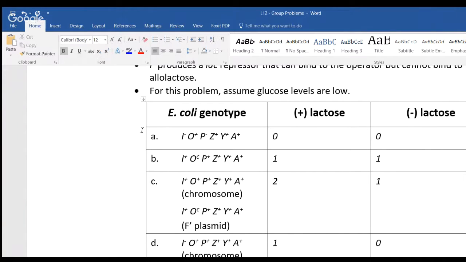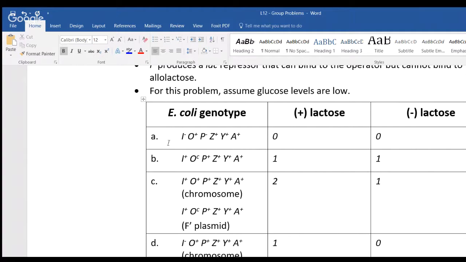For part B, everything checks out except the operator, but that's just making it so it can't be repressed. So we're still going to get a concentration of 1 for lactose and non-lactose.